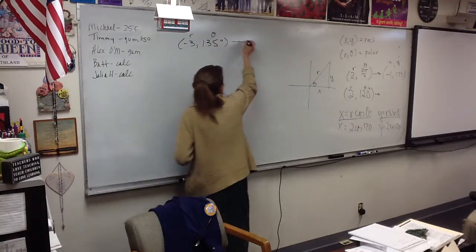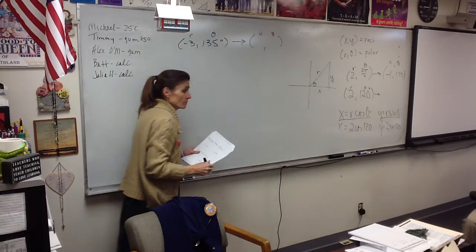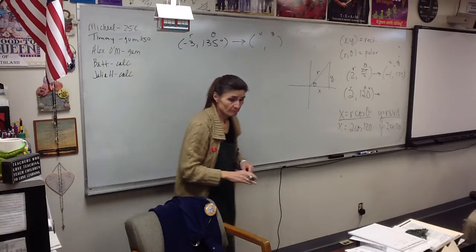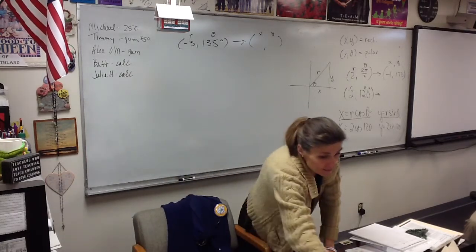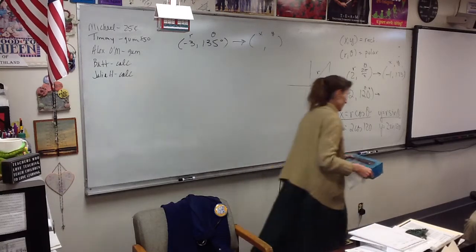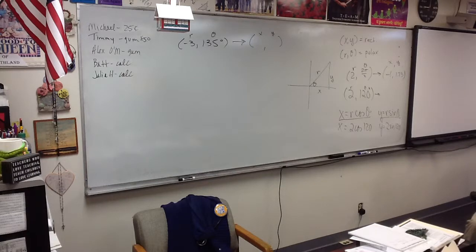Your job is to find the X and the Y. Okay, how do we do that? How did we just do it? It's the same thing. We're going to plug in our formula. So according to our formulas, what would X equal? -3 cosine 135.